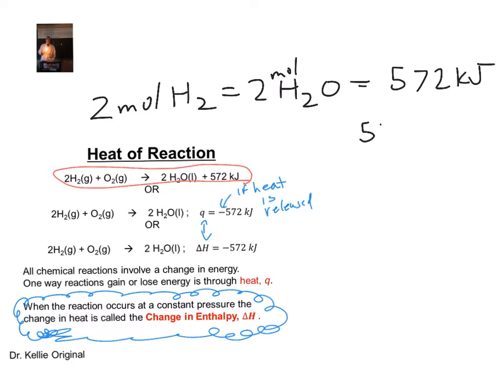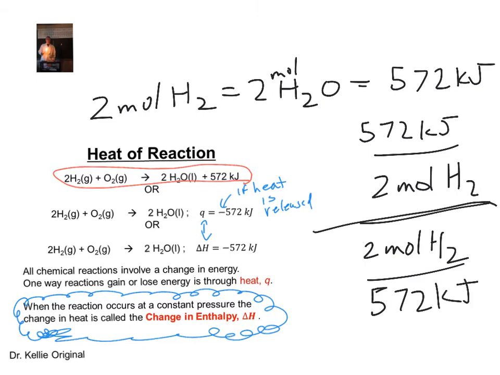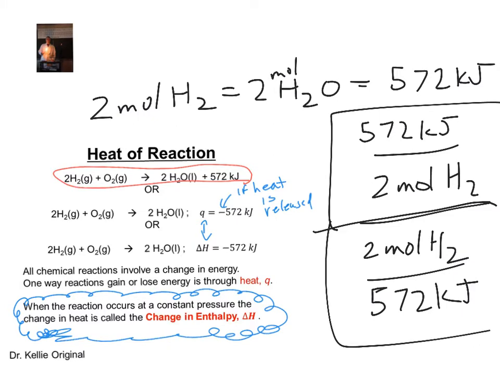In other words, writing heat in the form of a chemical reaction gives me a conversion factor between number of moles and energy. And we're going to have some fun with that stoichiometric relationship here in a few seconds. I'm probably getting ahead of myself.